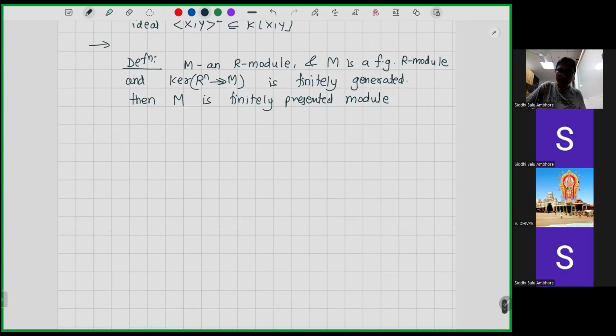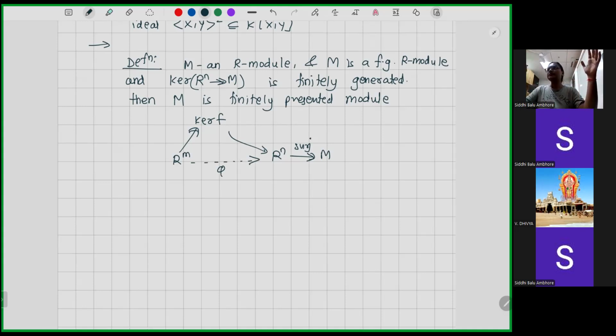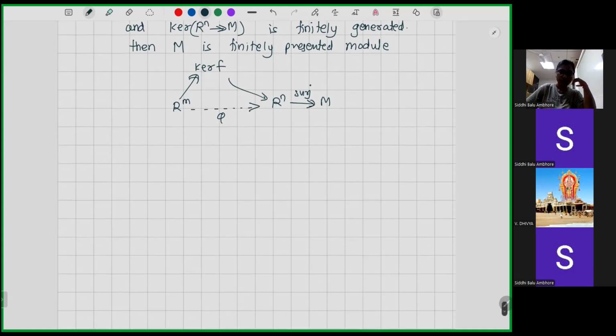Since the kernel F is also finitely generated, there exists a surjective map from R^m to F. The composition we call phi, a map from R^m to R^n, which is a linear map.